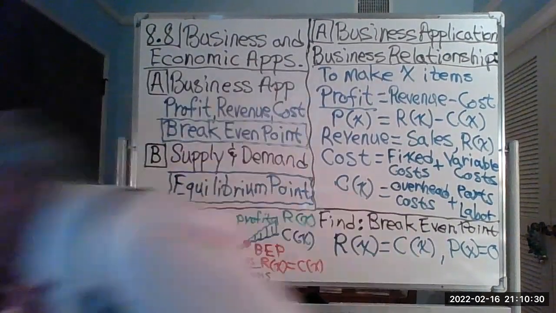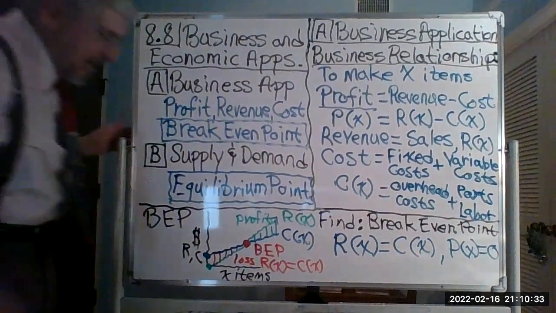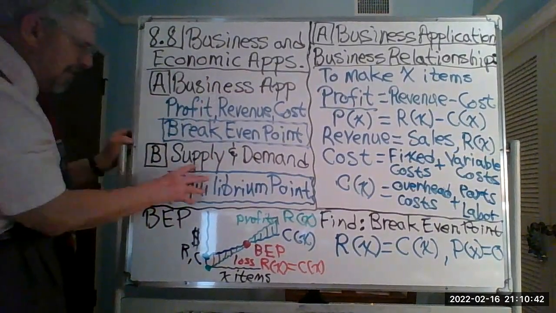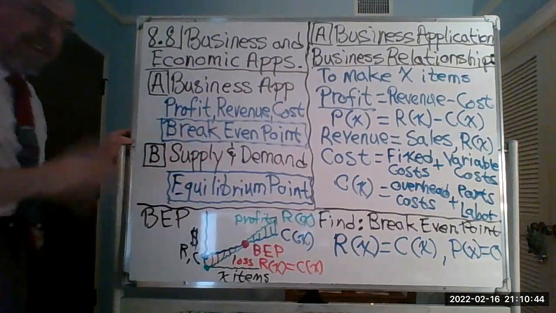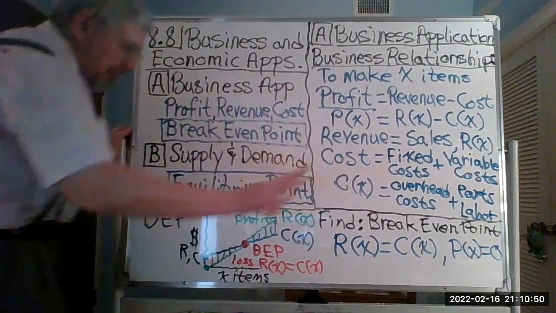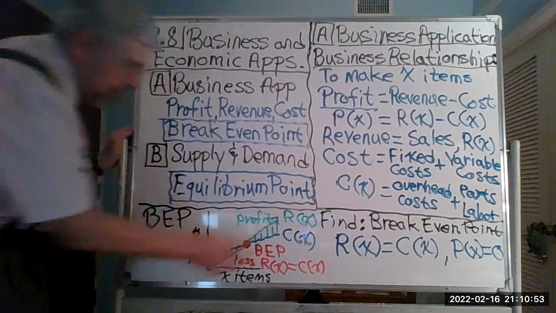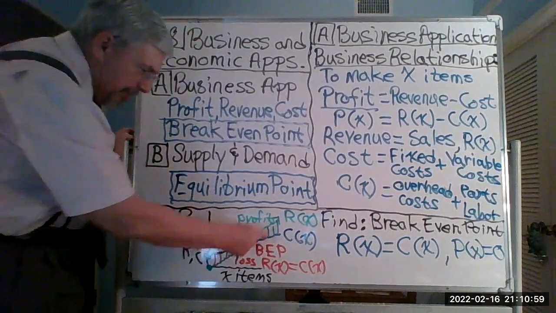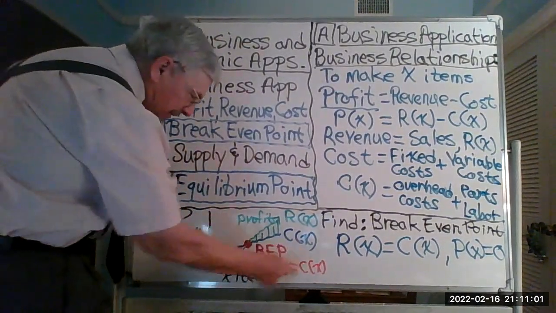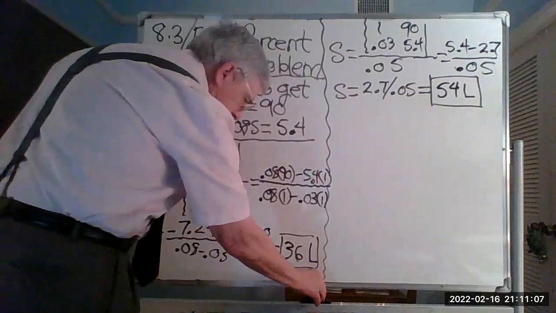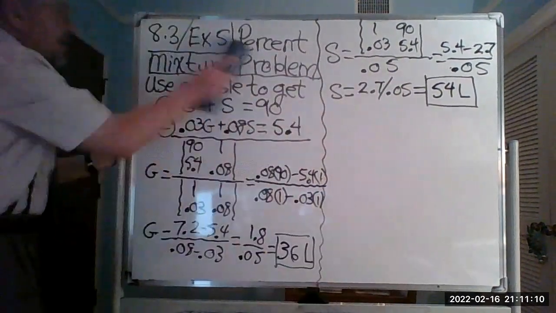Okay, good. So let's note what we got right here. So this is example 1, our chair business. Let me go over to the next board over here. A lot of information up there, especially right here off the bat. It gives you sort of a feel for what we're going to be talking about. Then over here is the KISS principle of breaking it all down and a little graphical representation right there where we can see the loss, the profit, the break-even point, where the revenue is equal to the cost.